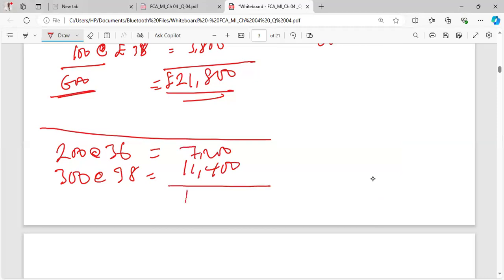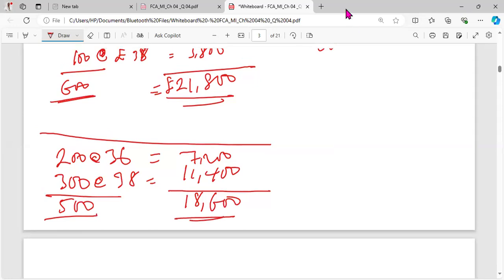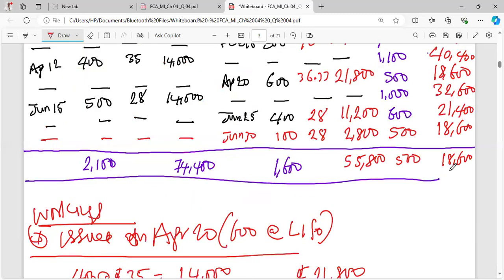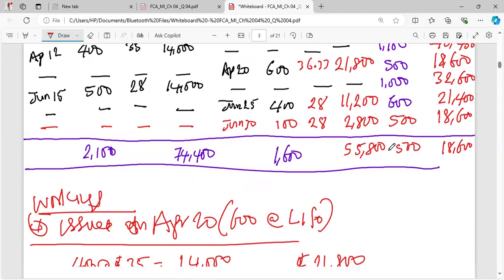This will give us 18,600. So this 500 is at 18,600. And this corresponds to this 18,600 that we have here, showing you that this is the composition of that 500.